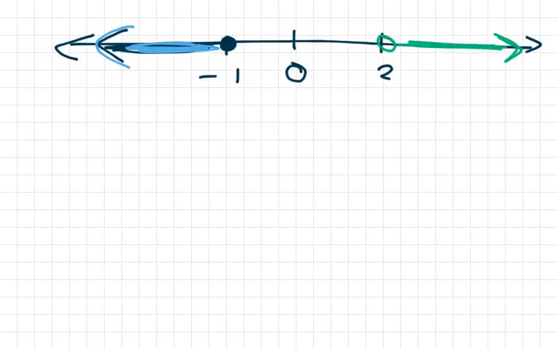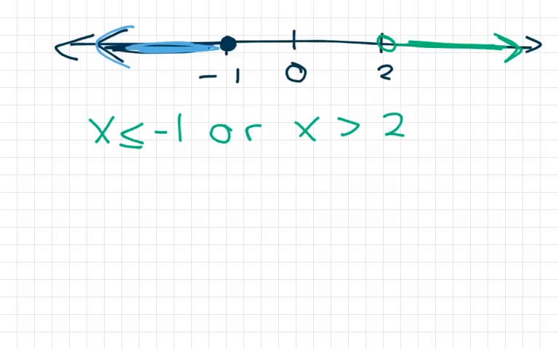Alright. So first of all, the set notation would be x is less than or equal to negative 1, or x is greater than 2.